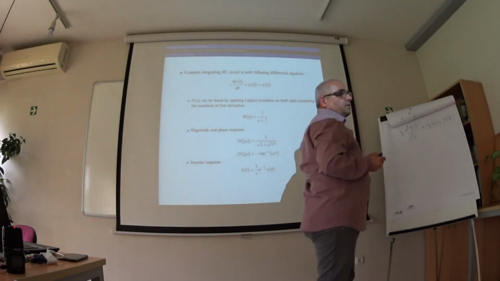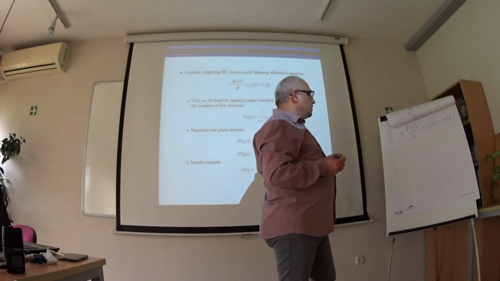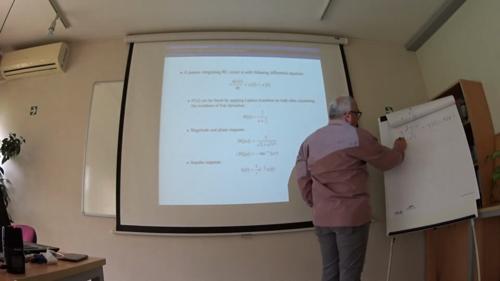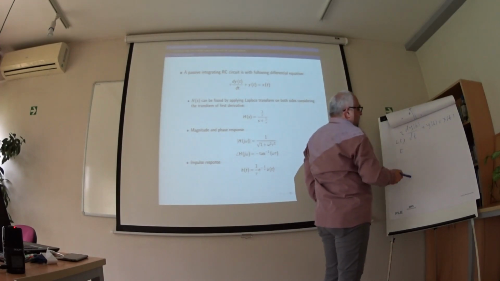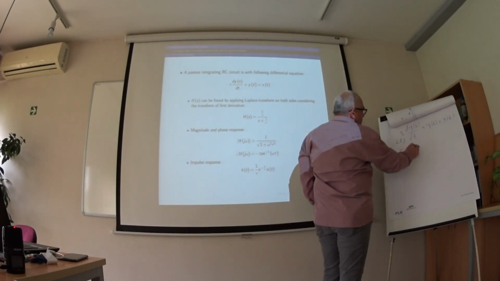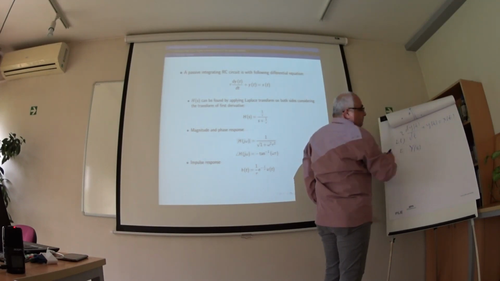Let's try to find the transfer function. We can apply Laplace transform on both sides. Tau is a constant. Laplace of y of t is Y of s.